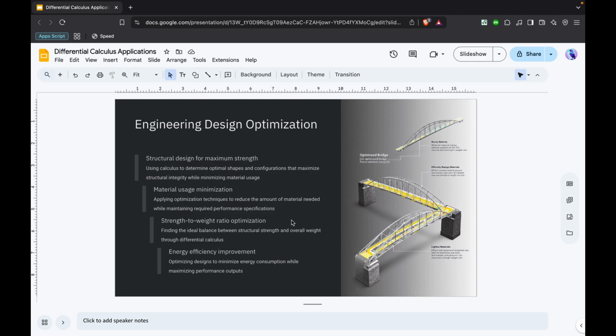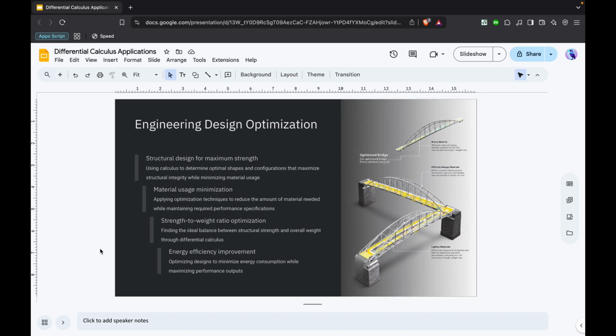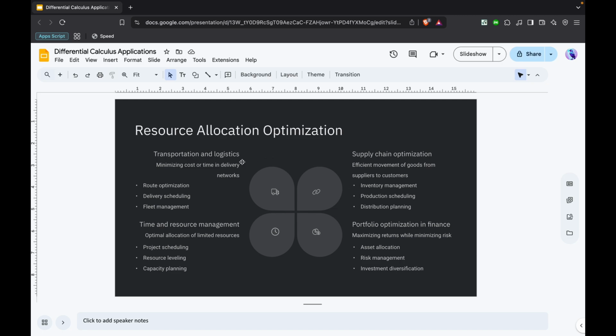So what we're trying to do is minimize energy consumption while, at the same time, maximizing performance outputs. Now, resource allocation optimization goes hand in hand with this slide, especially the second point on this slide. Now, the first thing that it says is transportation and logistics.